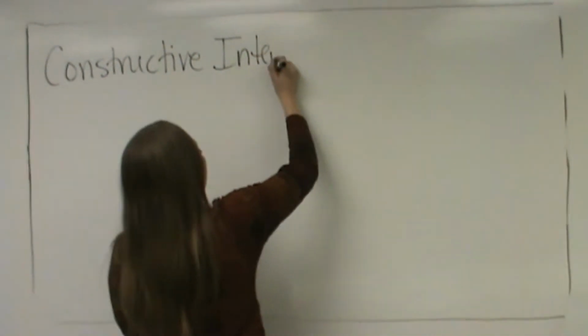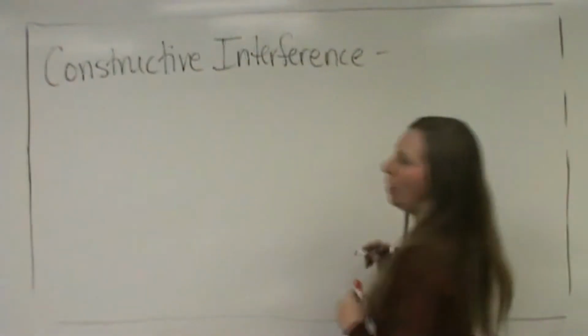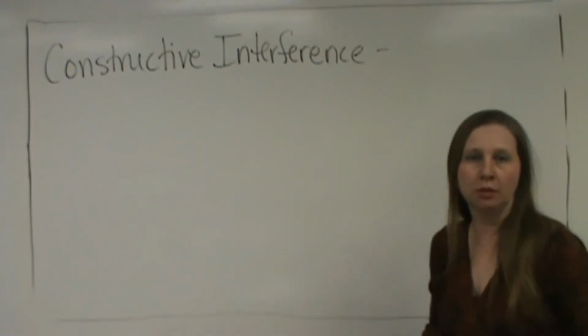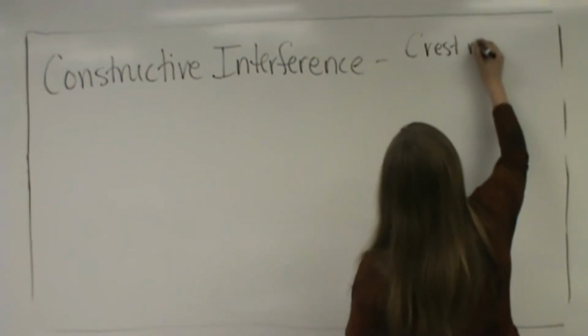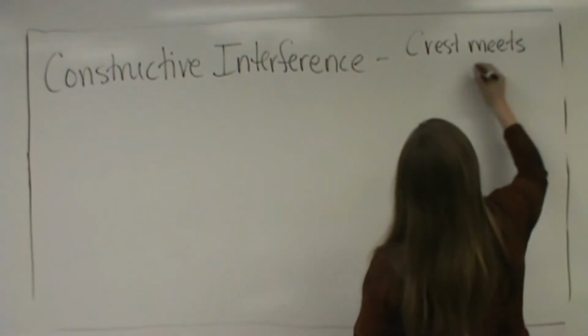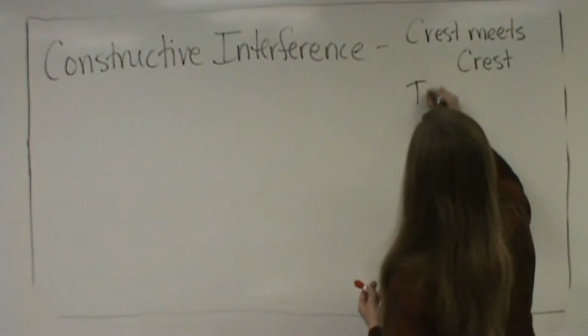That would be crest meets crest or trough meets trough. Again, this is constructive interference.